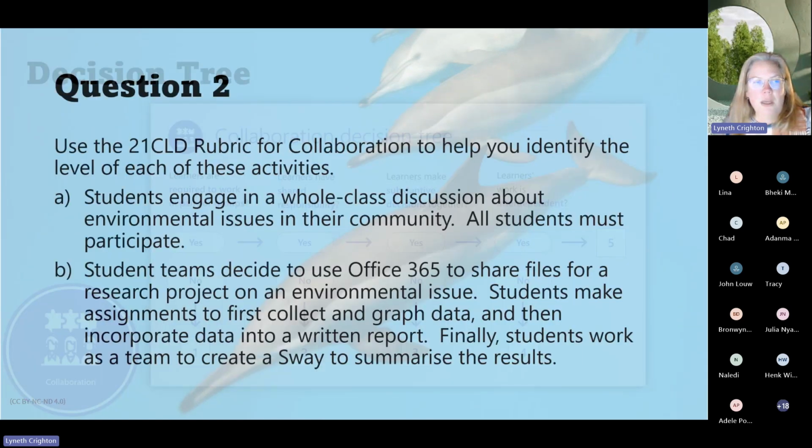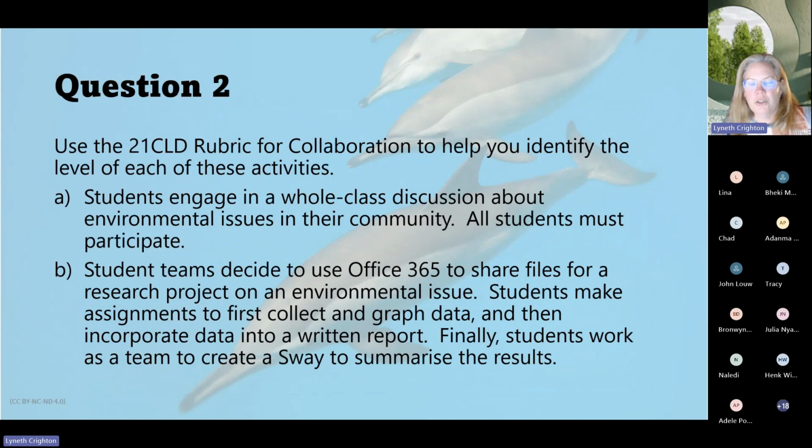The second one is, students decide to use Office 365 to share files for a research project on environmental issues. Students make assignments to first collect and graph data, and then incorporate the data into a written report. Finally, students work as a team to create a Sway to summarize the results. So thumbs up if you think that is what level that is.